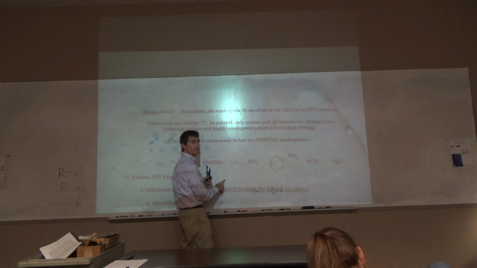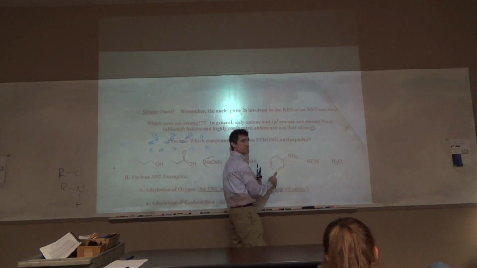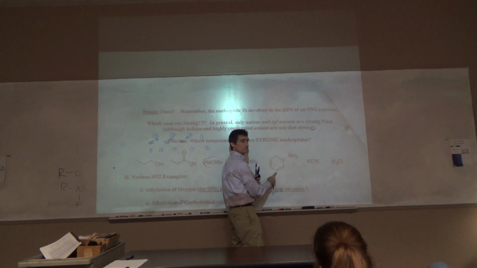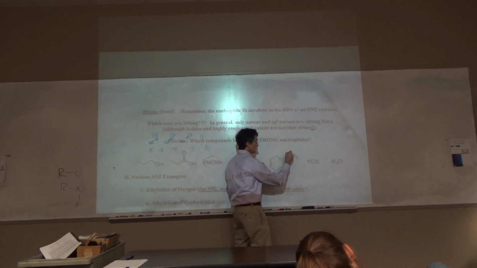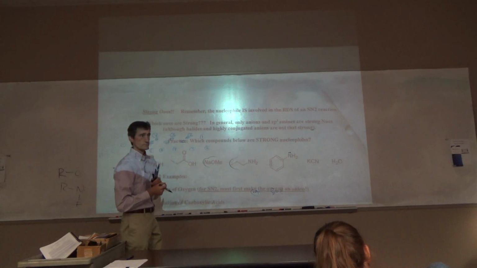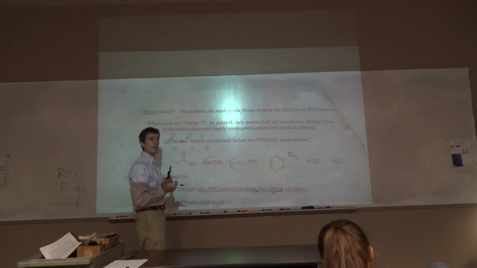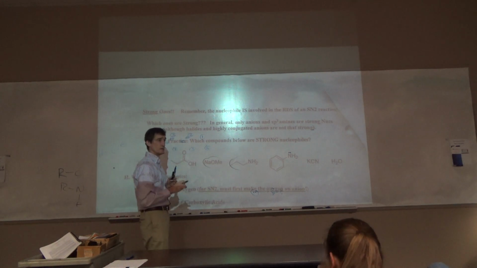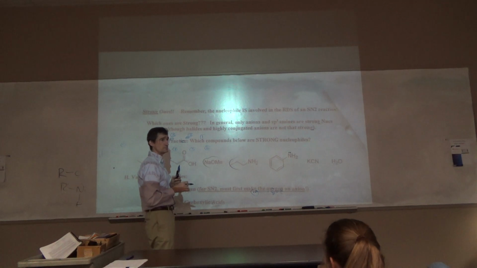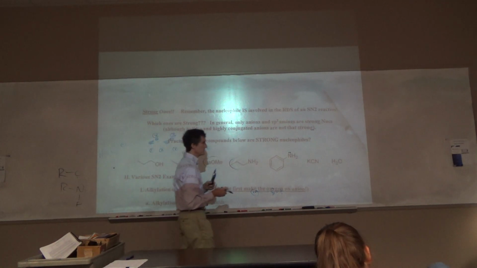Propylamine? Yes, sp3 nitrogen. Aniline? No? Strong or weak? It's not an sp3 nitrogen. When we say sp3, I mean the lone pair has to be in an sp3 orbital.